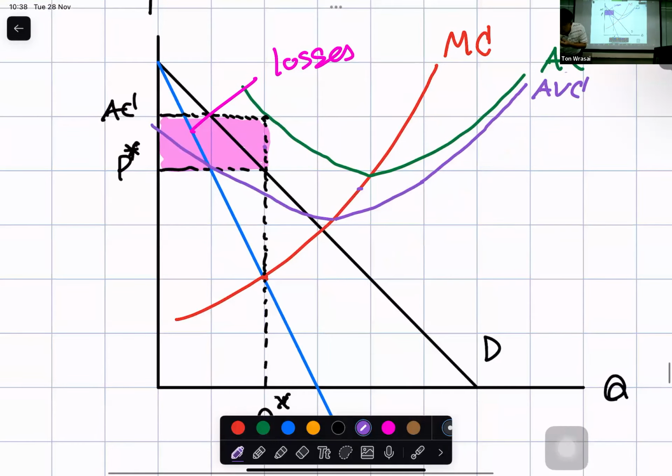And now we just move the violet curve down until we find this case.